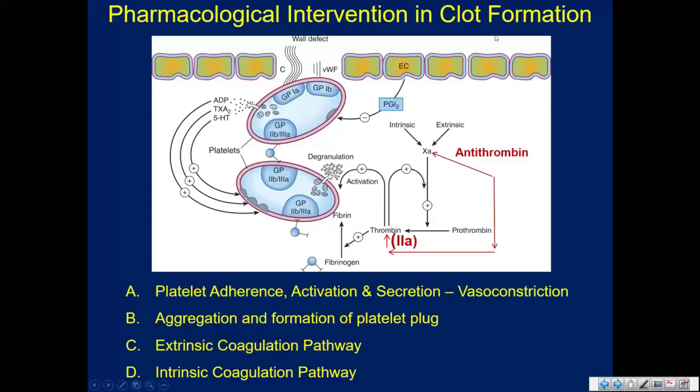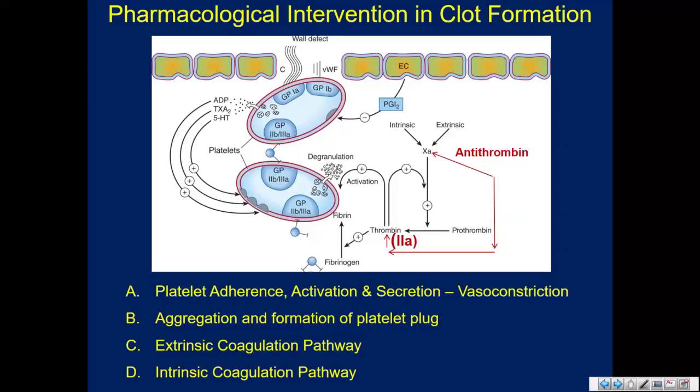All this stuff that others have showed you, intrinsic and extrinsic, and all them numbers before that, like 8, 7, 6, I don't care. Okay? Ultimately, you'll learn from others, the extrinsic and intrinsic pathway come together and ultimately activate factor 10. If you haven't figured it out, the A stands for activated.